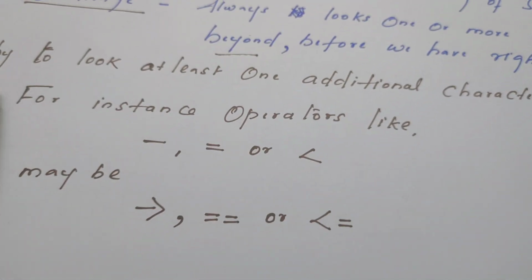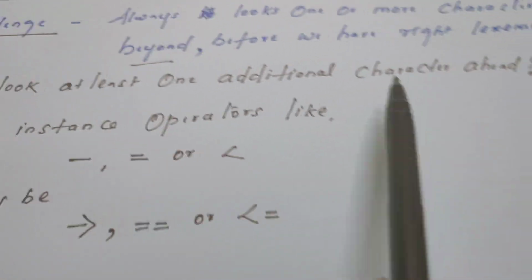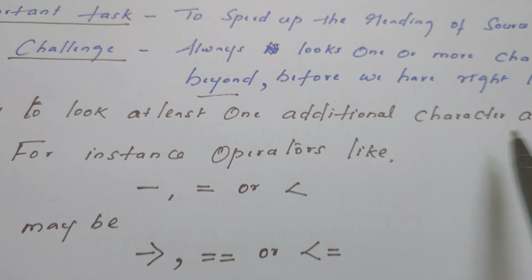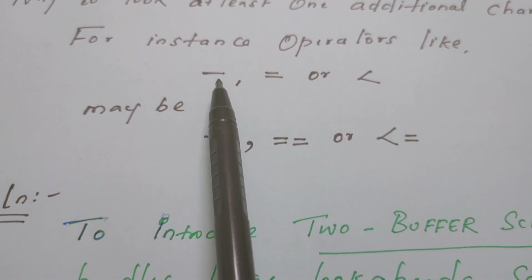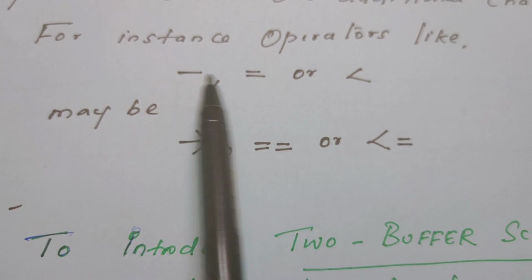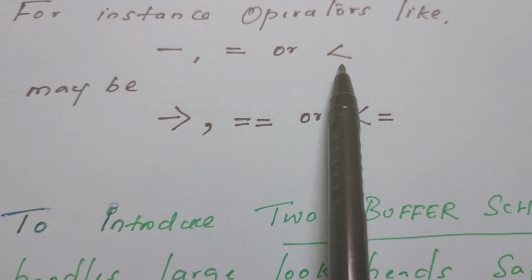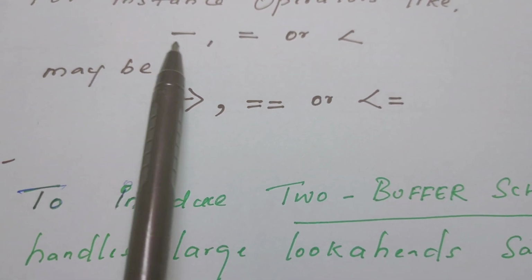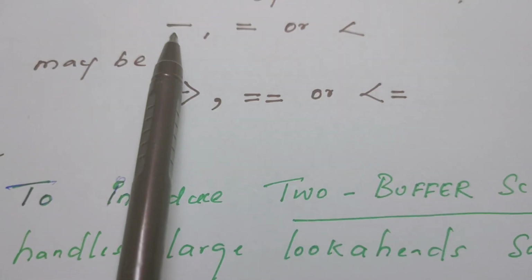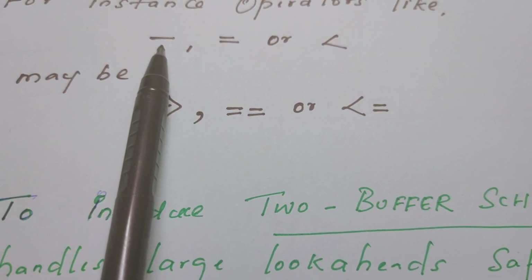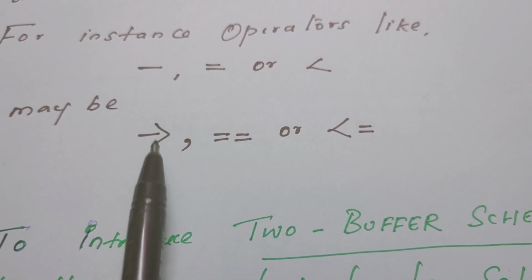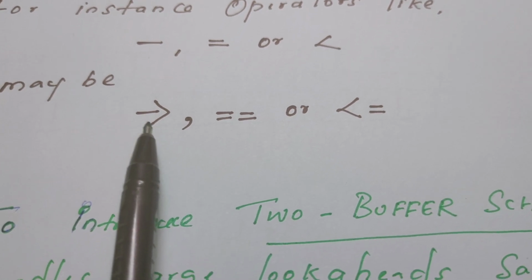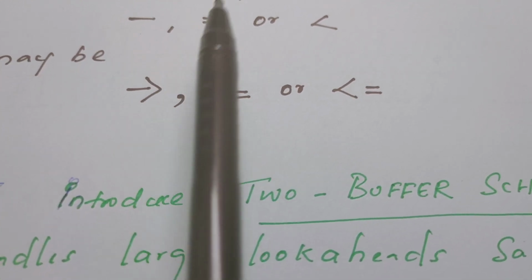Now, why does it look at least one additional character ahead? We can understand that from an example. For instance, we may use operators like minus, equal to, or sometimes this less than symbol while writing the program. But when the lexical analyzer reads this character, just by reading it, it cannot conclude that it is a minus operation, because this symbol may be followed by another operator, and then the operator itself changes.